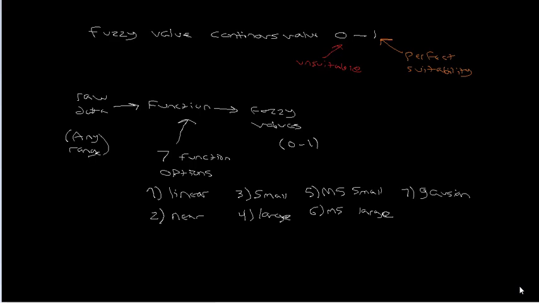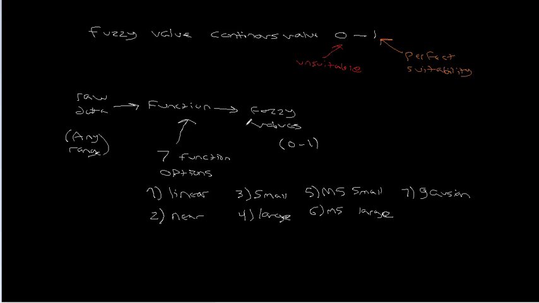And in this lecture video, I want to dig into this idea of the functions associated with fuzzy values. In the last video, we said that these functions serve the role of taking the raw data, which is basically any layer that we want to use for suitability, and feeding it into this function, and no matter what range it had originally, it maps it onto these fuzzy values, which all will have a range of 0 to 1.